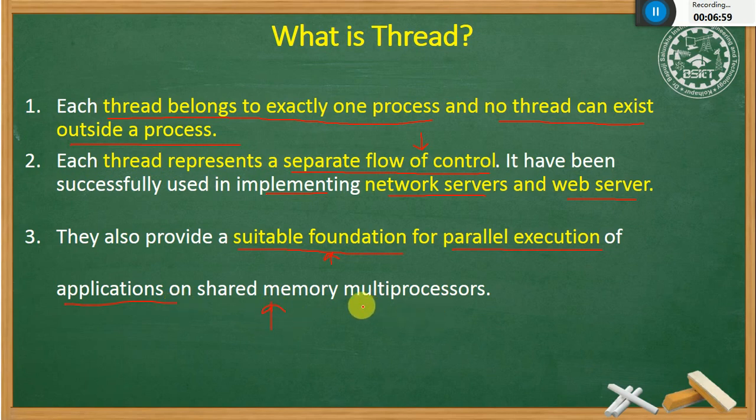So threading is used in multiprocessing or multi-programming operating systems. Threading is a base of multi-programming, multitasking operating systems. So threads are individual lightweight processes which have their own control of execution. That is the basic concept of thread.